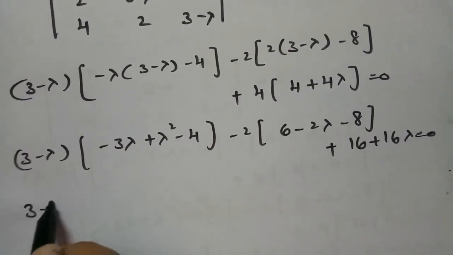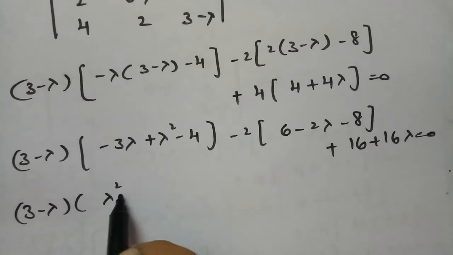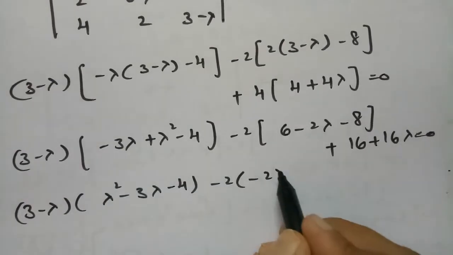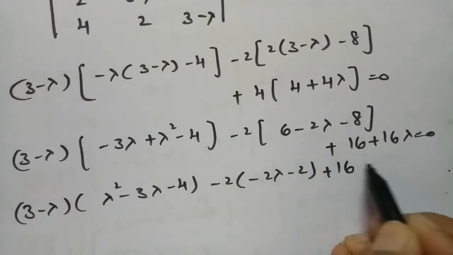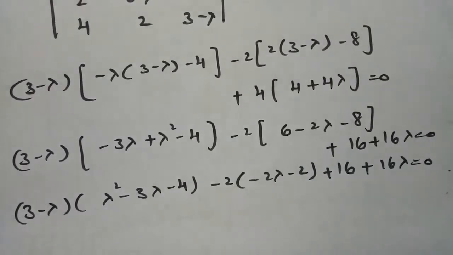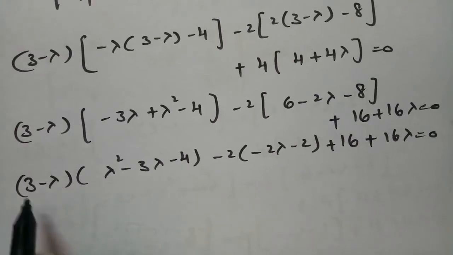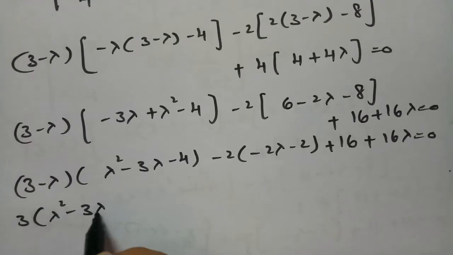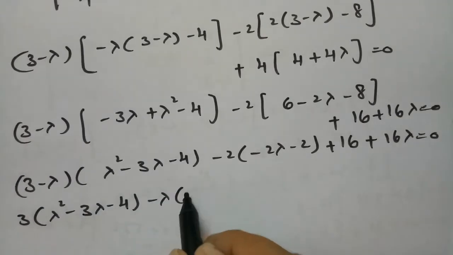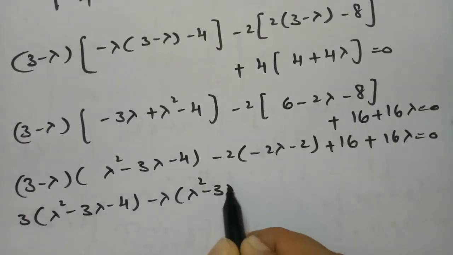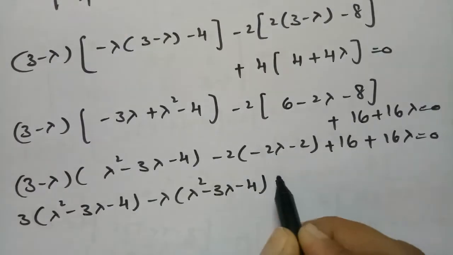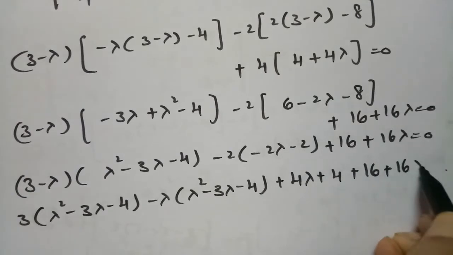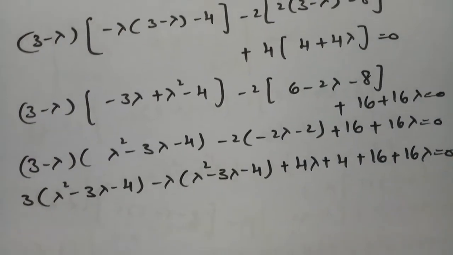So this will be 3 minus lambda times lambda square minus 3 lambda minus 4, and minus 2 times minus 2 lambda minus 2, plus 16 plus 16 lambda is equal to 0. If I multiply with 3, this is 3 times lambda square minus 3 lambda minus 4, minus lambda times lambda square minus 3 lambda minus 4, and this will be plus 4 lambda plus 4 plus 16 plus 16 lambda is equal to 0.